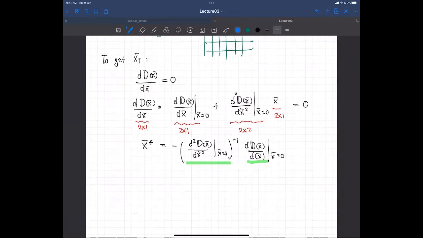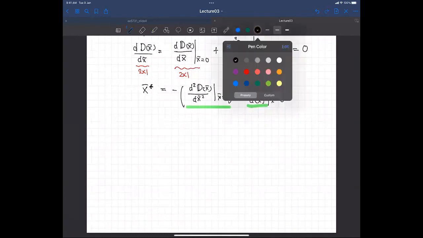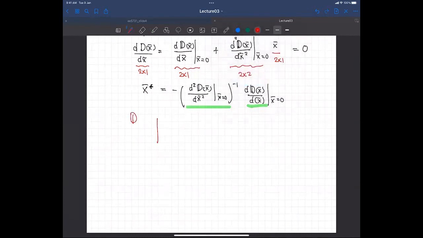So what does it mean by this true signal location? This true signal location again refers to the 3 by 3 DOG patch. So you have the discrete version DOG patch. You have this 3 by 3, and when x bar equals 0, 0, what does it mean by this?